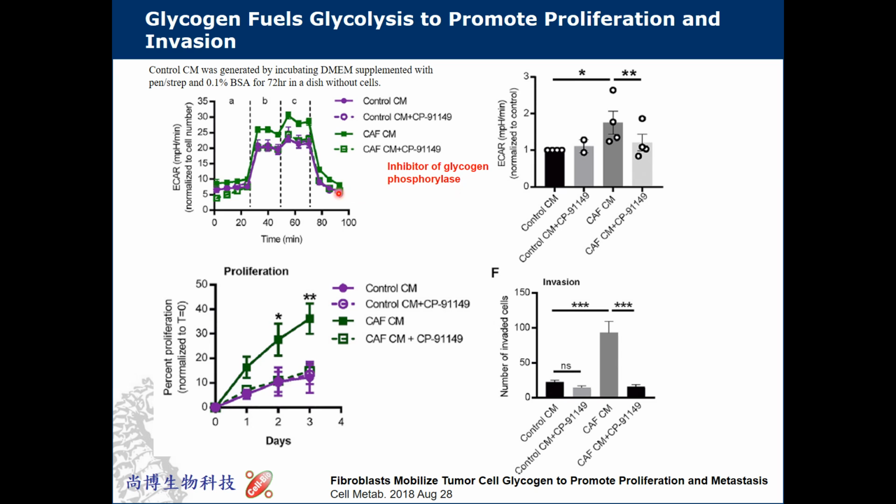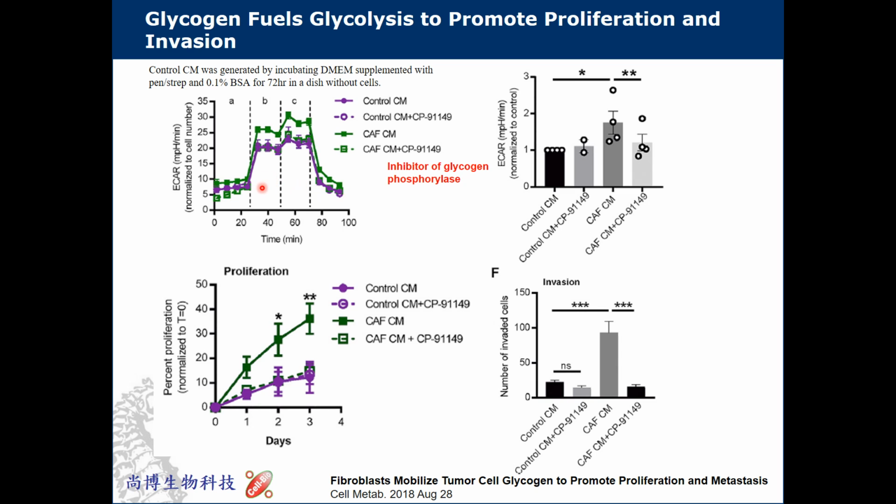You can see who is the only one on the top. It is CFCN. It means that with the cancer-associated fibroblast conditioned medium, the cancer cell has more glucose from breaking down glycogen to do more efficient energy transfer.